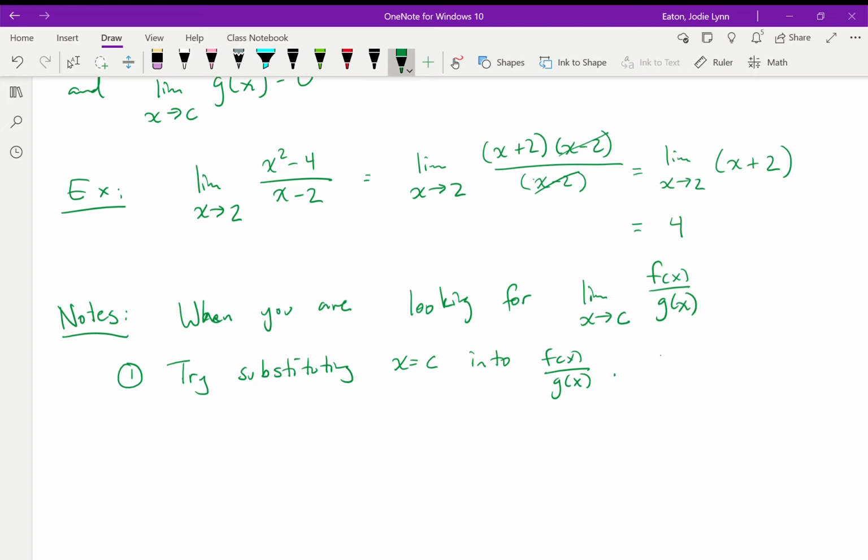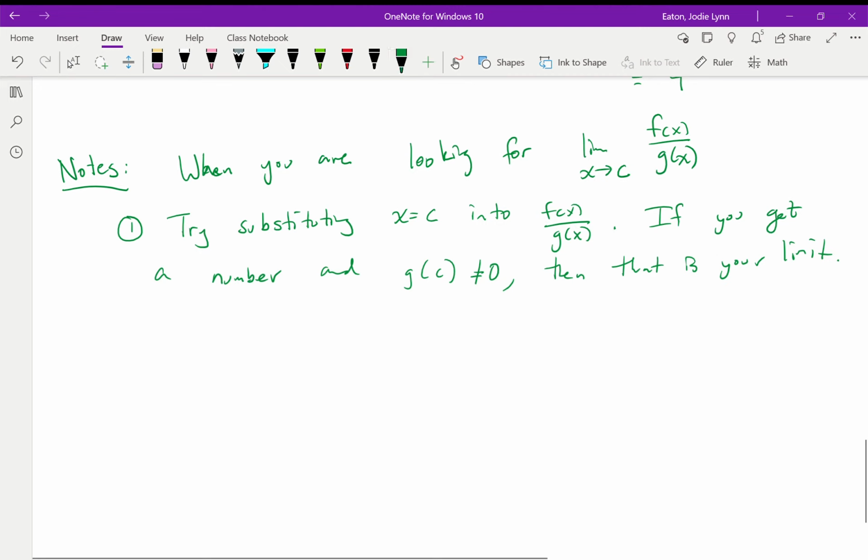Okay, if you get a number and g of c is not equal to 0, then that is your limit. So if you sub it in and you get something, there's no zeros in the denominators, you're cool. Okay, that number is your answer.